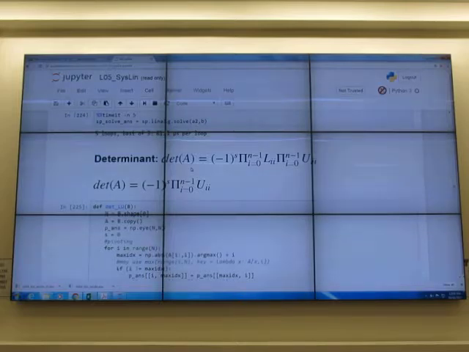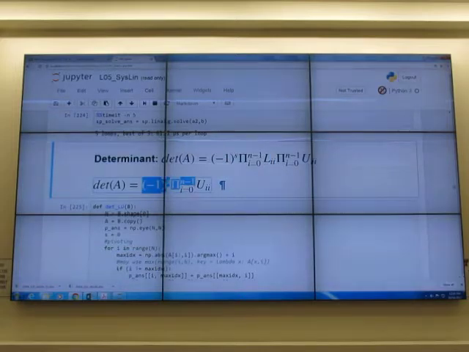Lower triangular matrix, determinant is multiplication of the diagonal term. Diagonal term of matrix L is just 1. Okay, so this term become 1. That's how you get this.